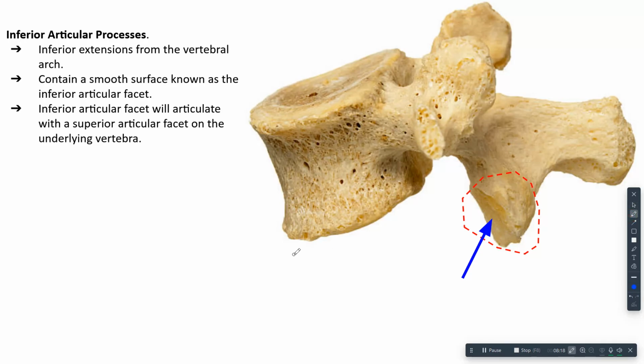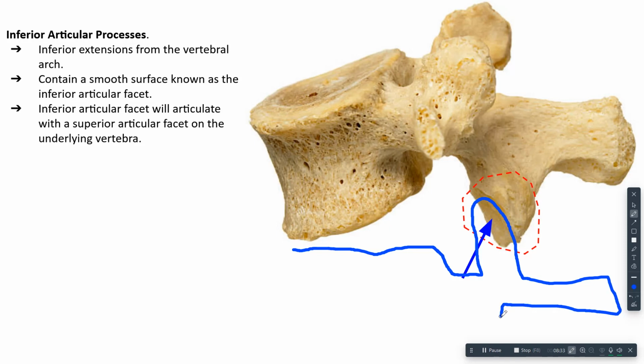So if I were to draw another vertebra right here, I'm drawing the body, pedicle, and then here comes the superior articular facet like so. And then there's the spinous process, the inferior articular facet. There we go. Not too pretty, but this is what's going on. The superior one articulates with the inferior one.